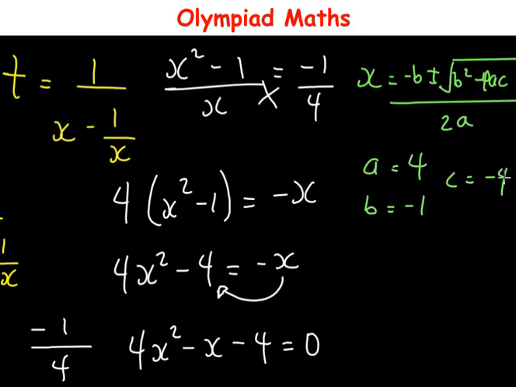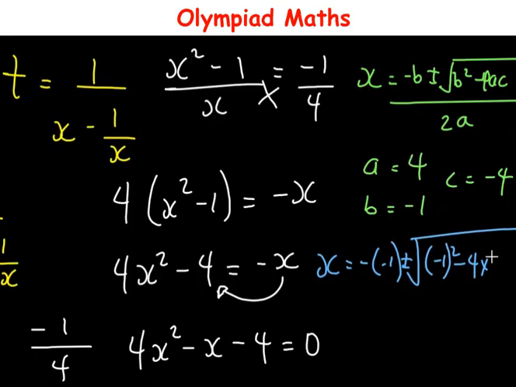So inputting these values into the formula, x is equal to minus b, which is minus of minus 1, plus or minus square root of b squared, that will become minus 1 squared, minus 4 times a, which is 4, times c, which is minus 4, all over 2 times a, which is 4.